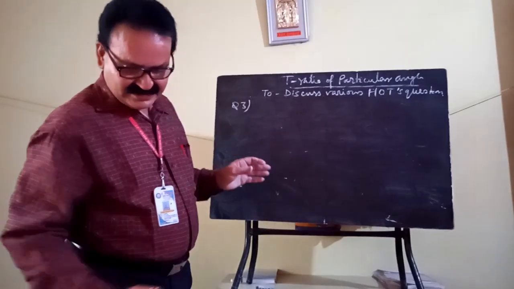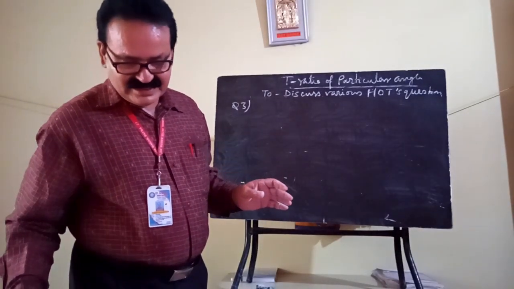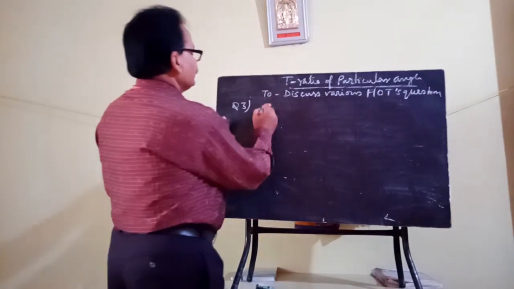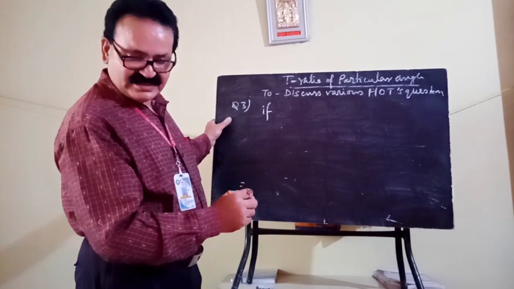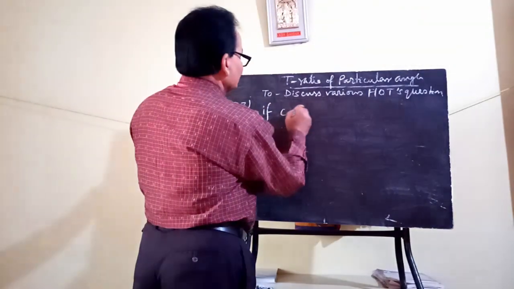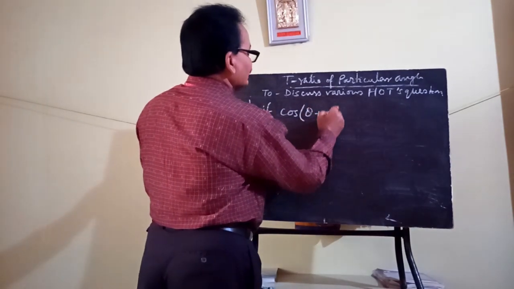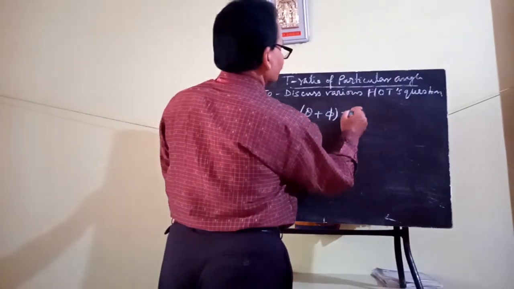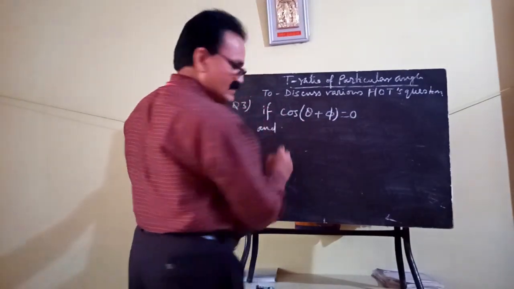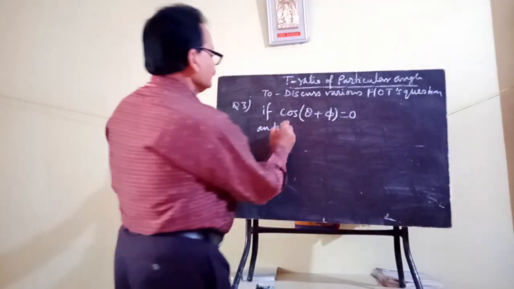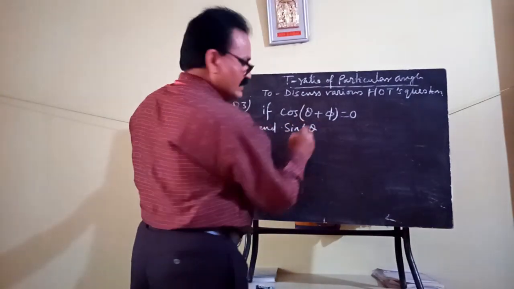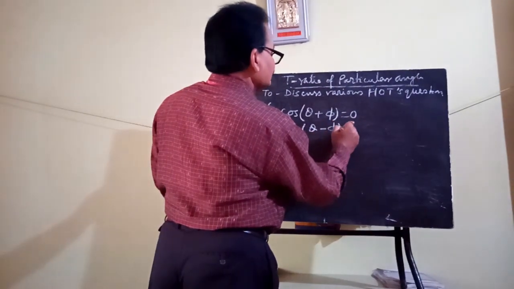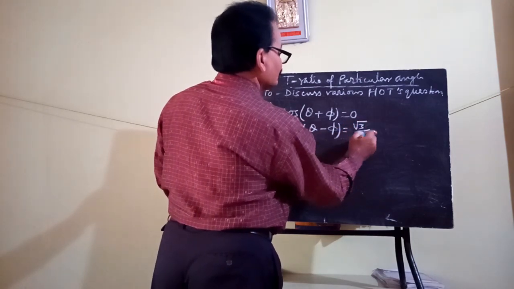So if there is a question like, suppose the question is, if cos(theta plus phi) is equal to 0, and sine(theta minus phi) is root 3 by 2.